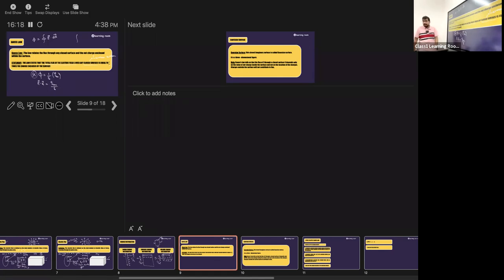Generally, when you put a line integral, you get an area. I'm sorry, I have to correct. In a line integral you're integrating one dimension.